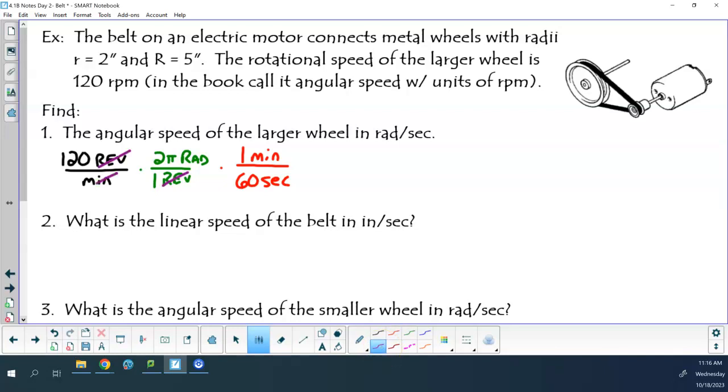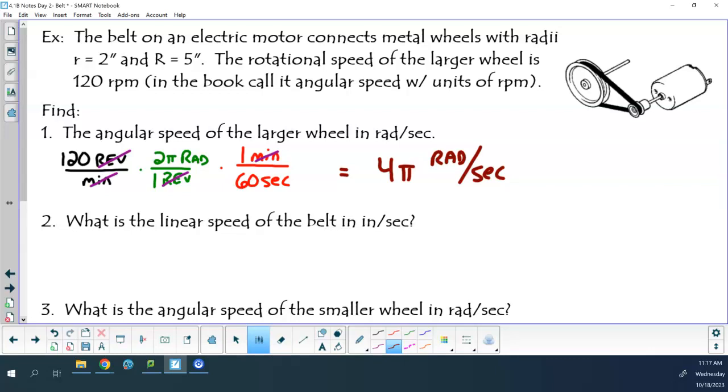Revolutions goes away, minutes goes away, leaves me with radians per second. That's where I want to be. That reduces down to 120 divided by 60 is 2, times 2 pi is 4 pi radians per second. So the big wheel is going around twice every second, which makes sense because it's going 120 RPMs.